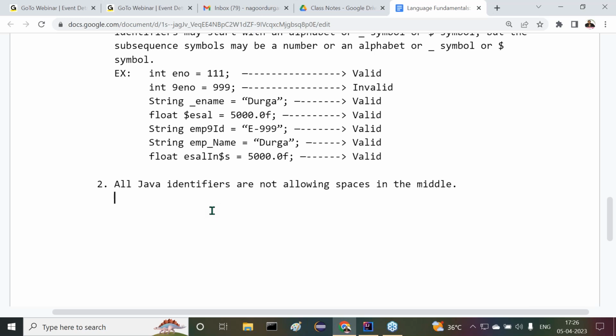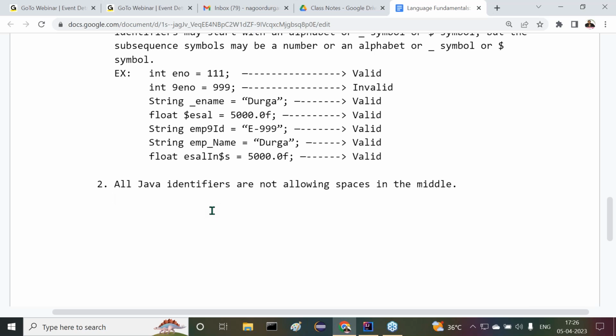The same convention we unknowingly put inside programming, and due to that we get errors. That's why, at the starting point of programming languages, I'm telling you, all Java identifiers are not allowing spaces in the middle. Yes, sir, got it or not?